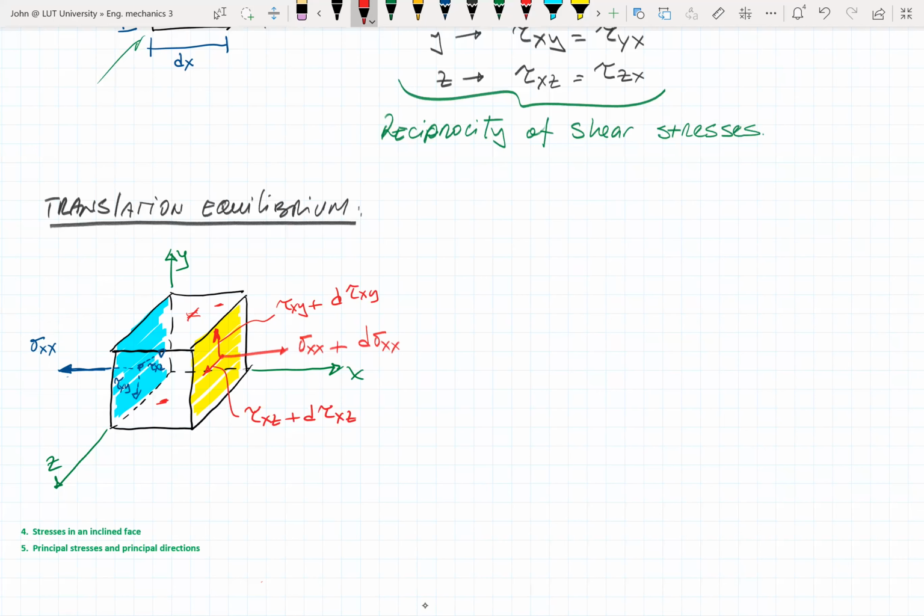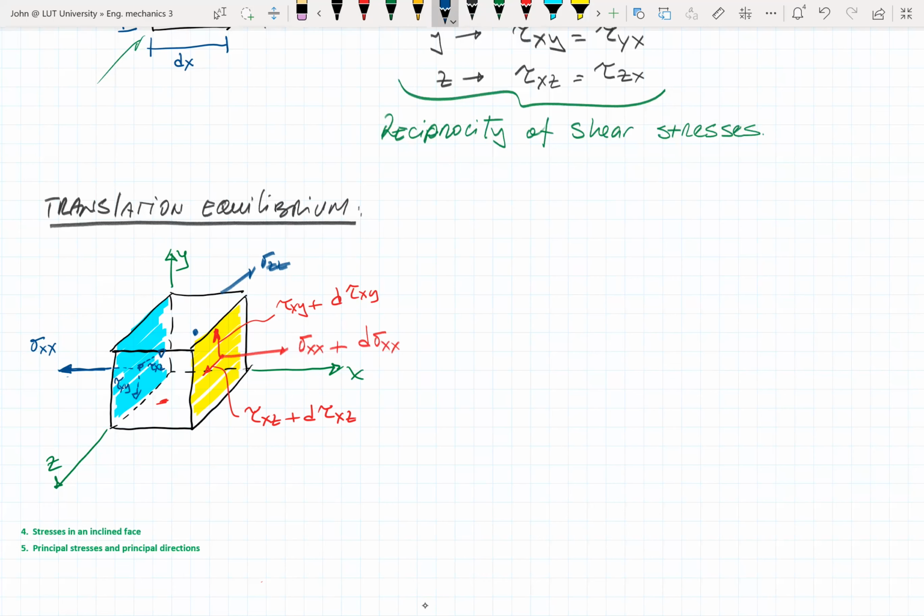So if I wanted to draw the same in one other phase, by the way, these are called phases, or you can call it facets. Some authors call it facets, but I'm going to draw another one just for the sole purpose of explaining how the thing goes. Let's imagine this negative phase here is going to have the sigma zz, but also I will have here the shear stresses.